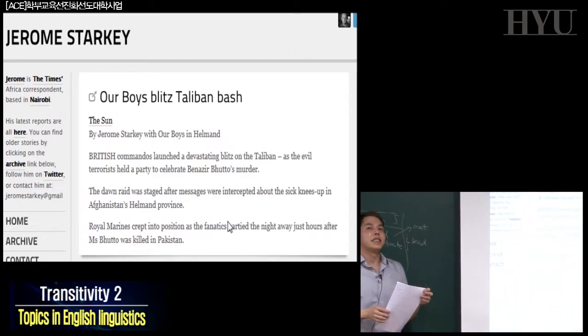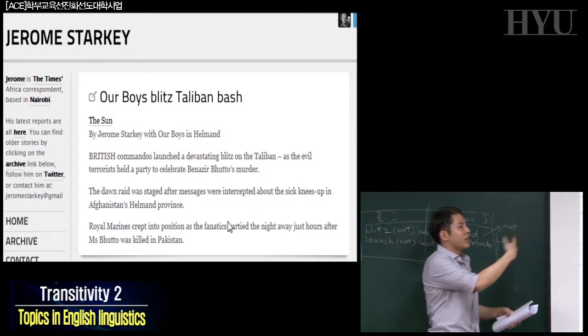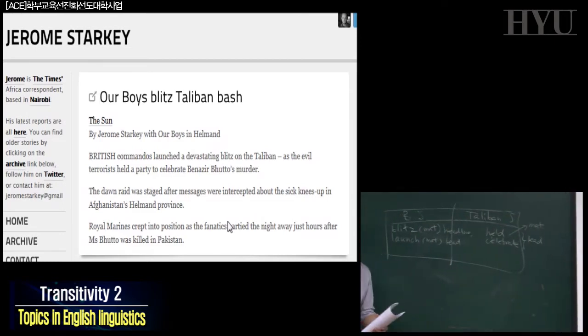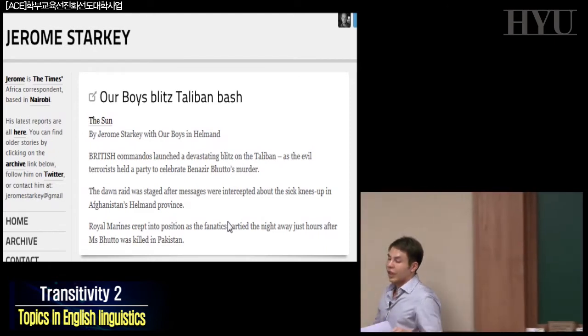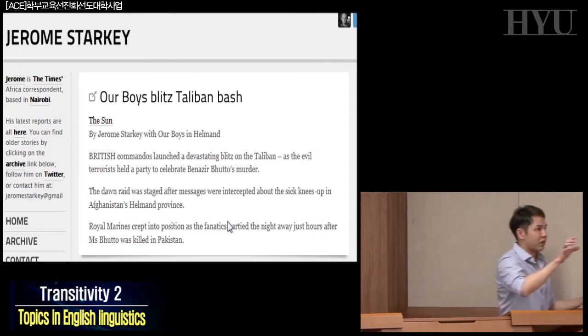Intercepted means to overhear, to seek to hear. So in this case, it's the British soldiers, right, that did it. Even though you don't see that, you can kind of deduce from the surrounding message.